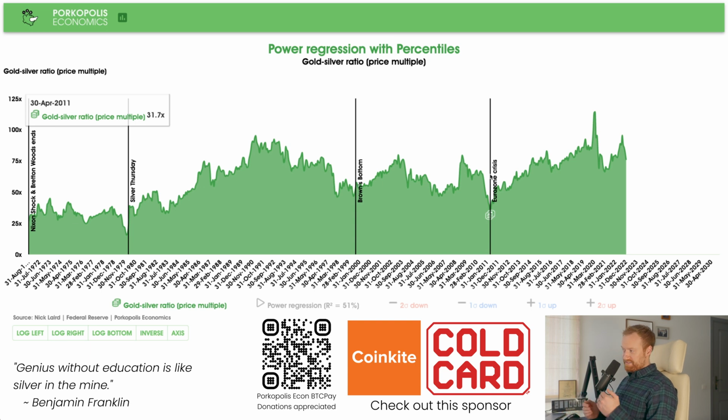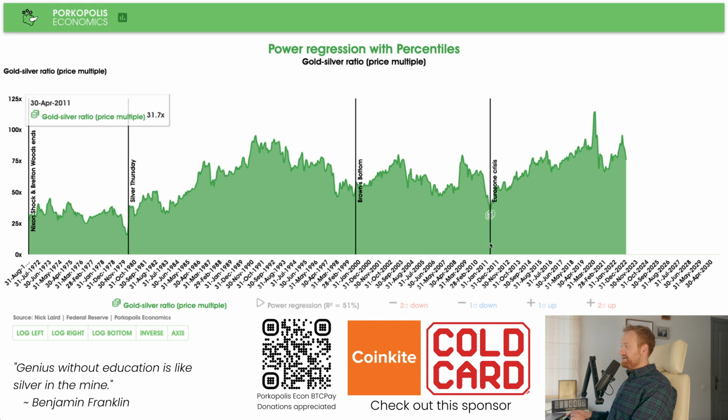So this is why it's interesting to look at this ratio compared to just the dollar price, because here silver was $42, but remember, gold was only $650 here, and the ratio was the old historical ratio, 15.5 to 1.